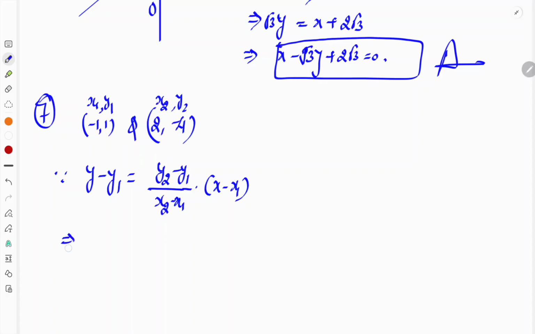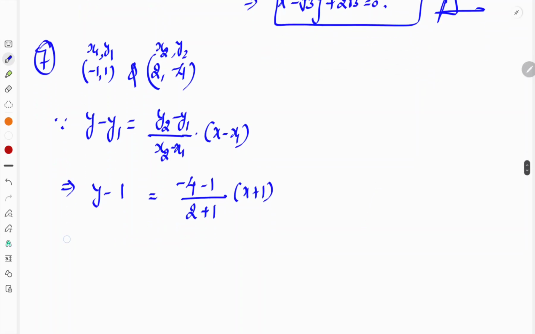Put the values here. y minus y1, which is 1, equals y2, which is -4, minus y1, which is 1, divided by x2, which is 2, minus x1, minus becomes +1, times x minus x1, so x plus 1.